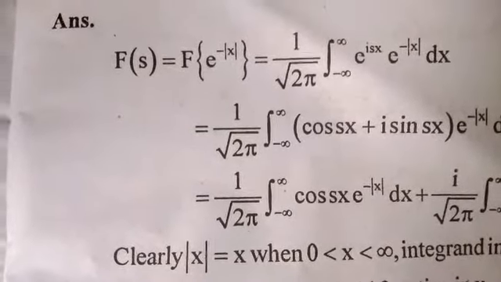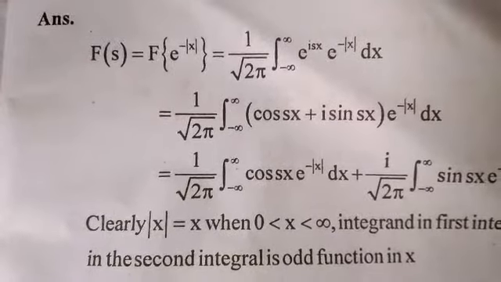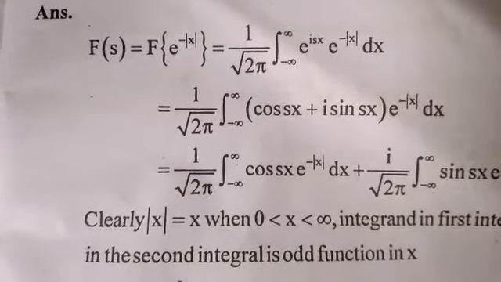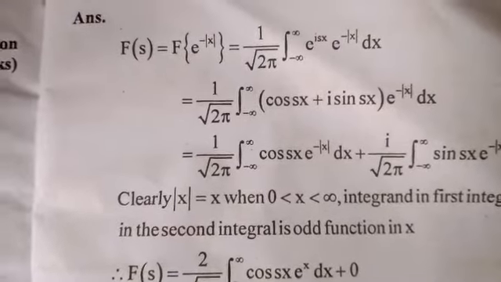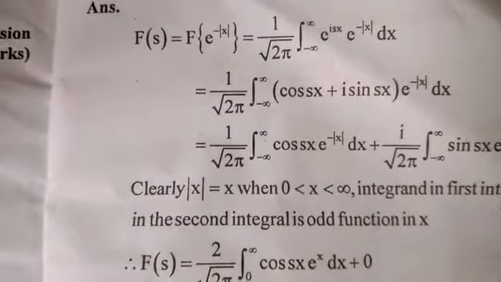This is equal to, as we know, 1 by square root of 2 pi integral from minus infinity to infinity e to the power of isx into e to the power of minus absolute x dx. Here we are doing the Fourier transform. Later, by using the inverse Fourier transform, we will simplify further.